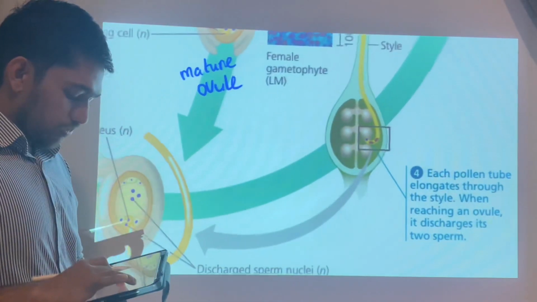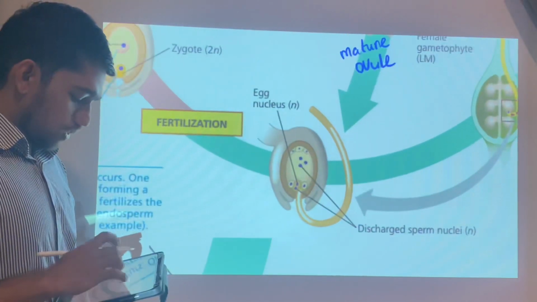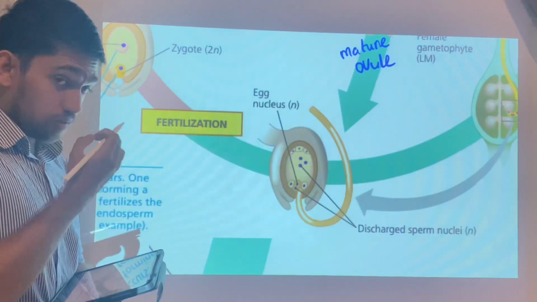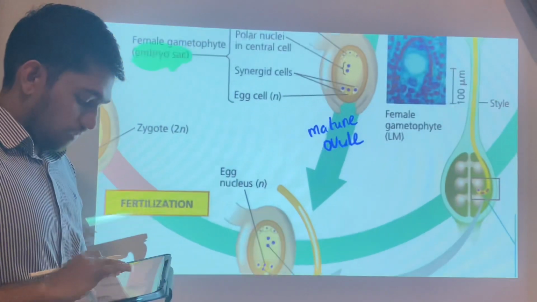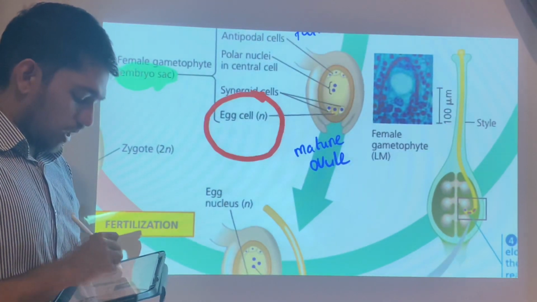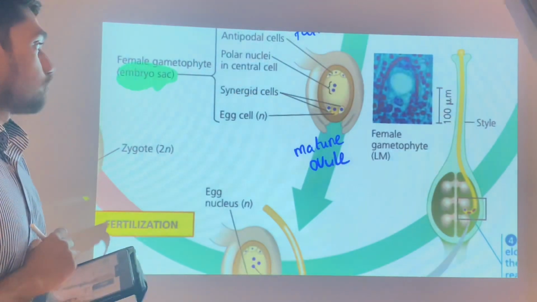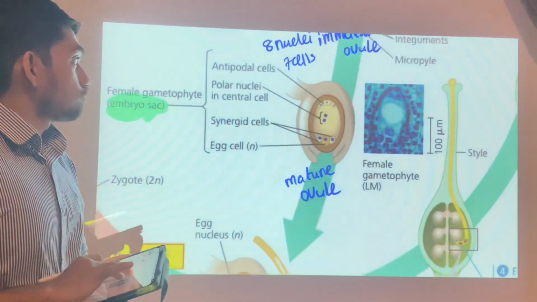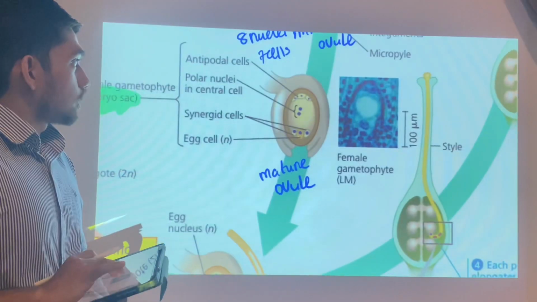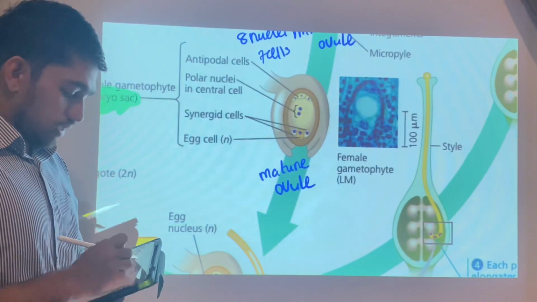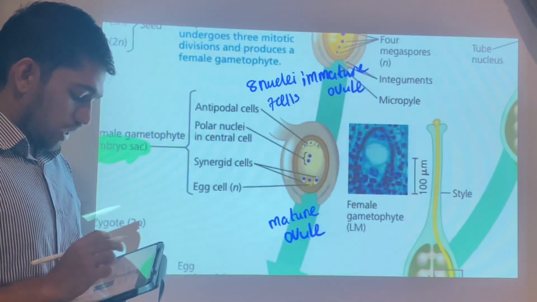ovule itself. So a mature ovule contains what? A female gametophyte. A female gametophyte is going to have an egg cell, one of the 8 nuclei. Let's label these cells. There are going to be 8 nuclei in 7 cells.